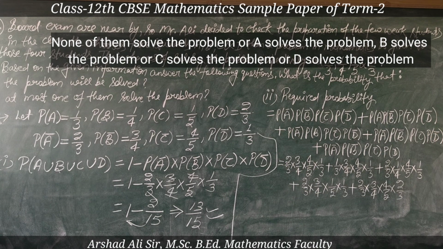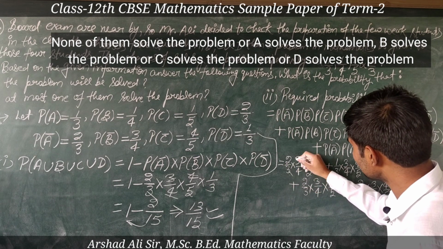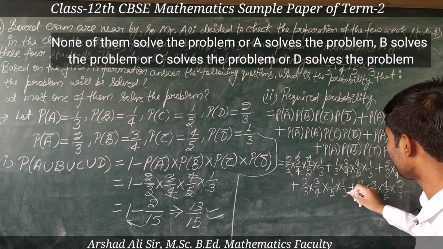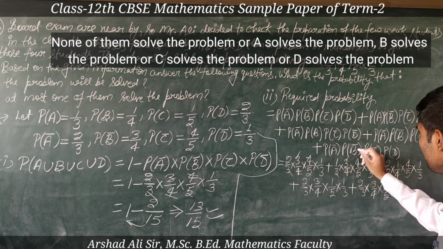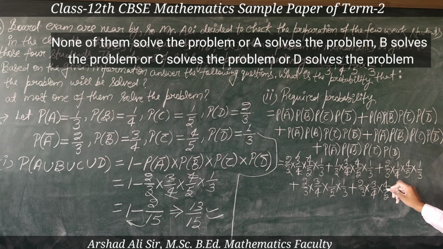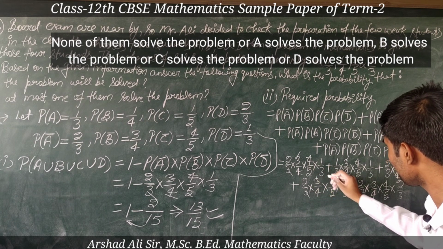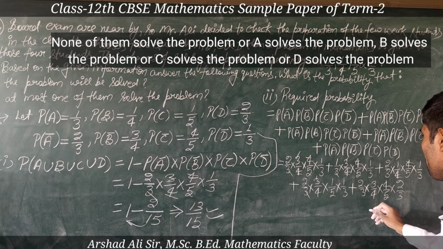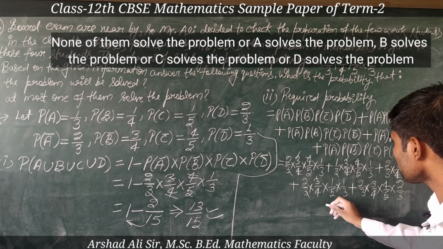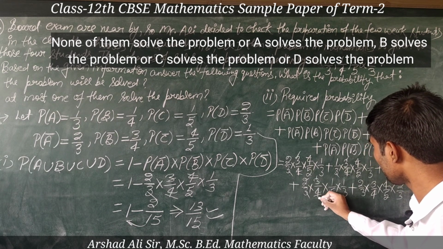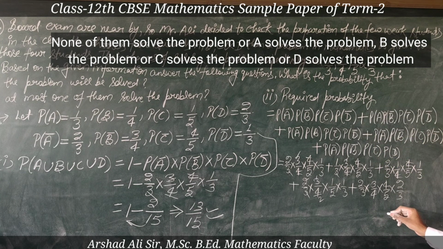Now we have to solve. 3 cancel, 4 cancel, okay, 3 cancel, 4 cancel, here 4 cancel, okay, and 3 cancel, here 2 2s are 4 and 2 2s are 4, 3 will be cancelled, okay.